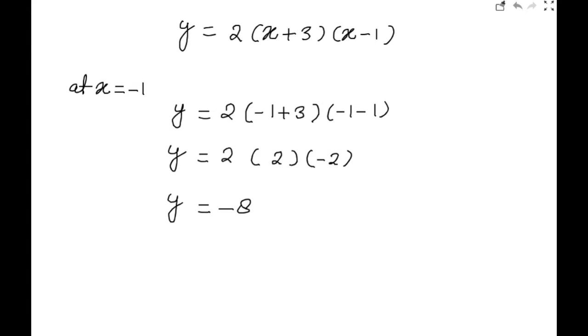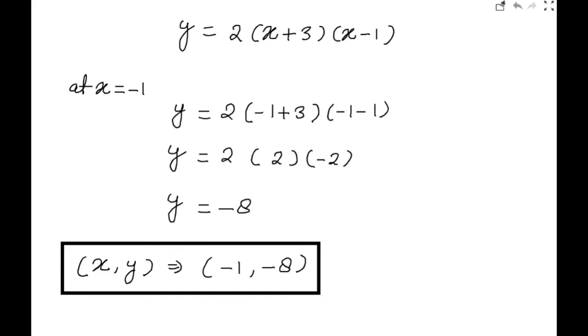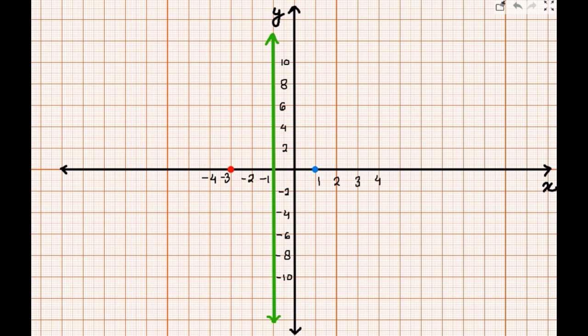So we can write it as an ordered pair (x, y), that is negative 1, negative 8. It means that the vertex, or the turning point, of the quadratic function is (negative 1, negative 8). We can plot it.